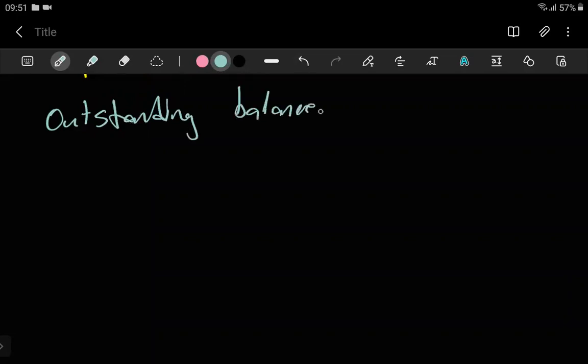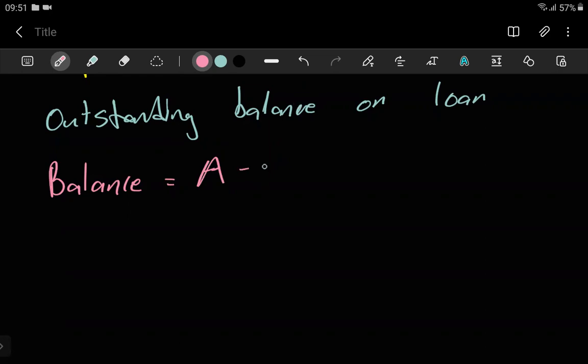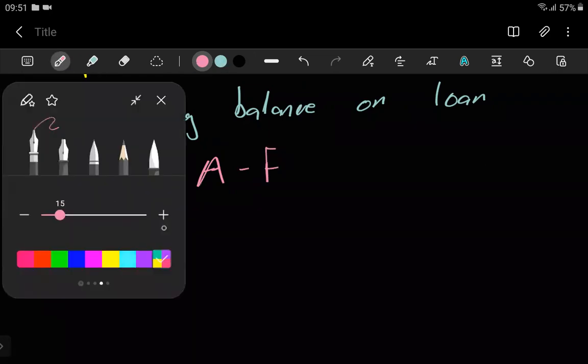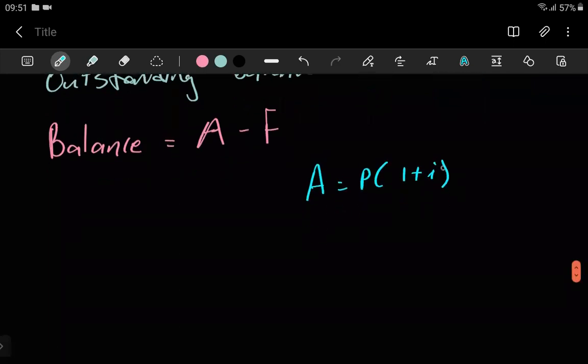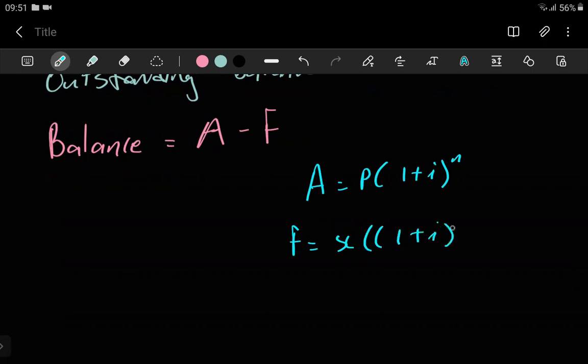The balance on a loan will always be equal to the A formula minus the F formula, where the A formula is the compound interest formula, and the F is the future value annuities formula. I'll explain the logic behind this just now.